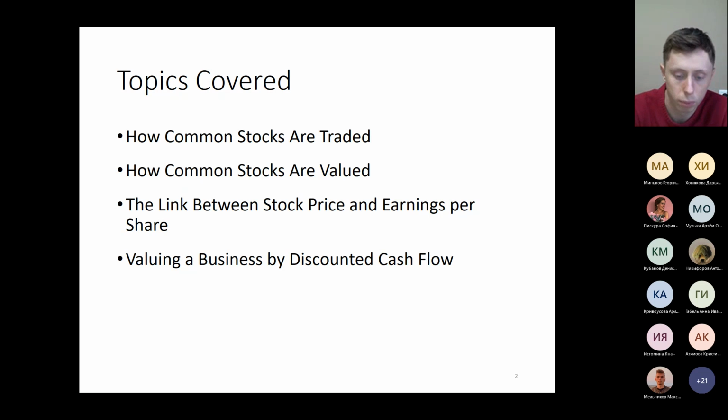Then we will go deeper to discuss the factors associated with the stock's valuation. You might remember from the first class that we mentioned that the crucial factor in determining the valuation of the firm and the valuation of the stocks, which is basically the same, is the growth expectation about the firm: how fast we expect the firm to grow, not how fast the firm actually grows, but mostly expectations about its future growth.